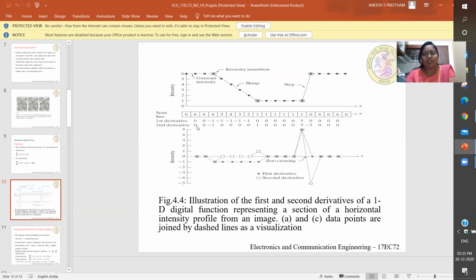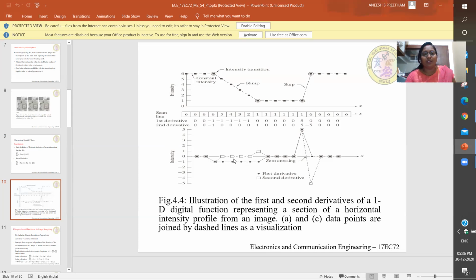In a similar manner, the pixels resulting after taking the second derivative can be seen on this figure C, represented by dashed lines. I told you, the plain squares. So we can see here this is the value 0.